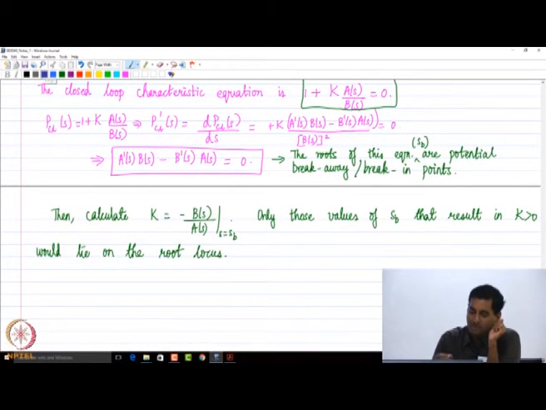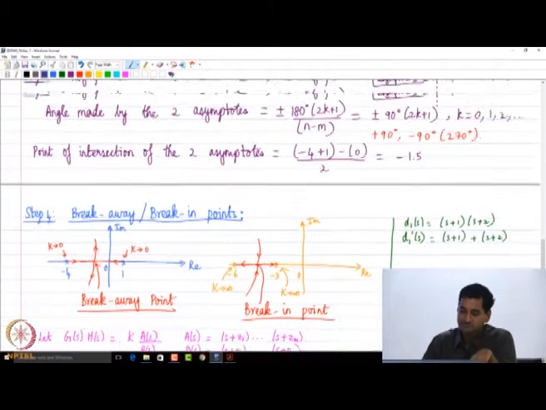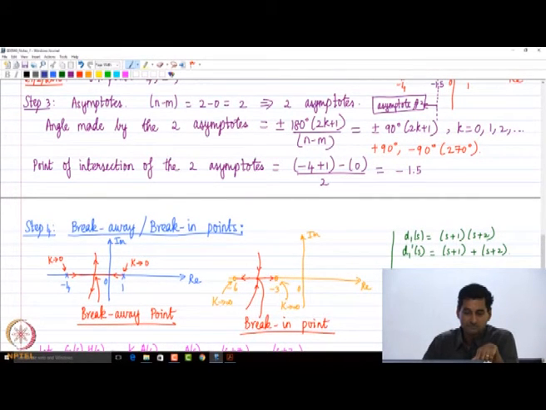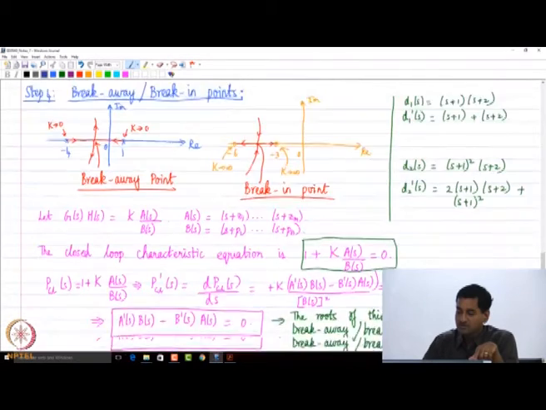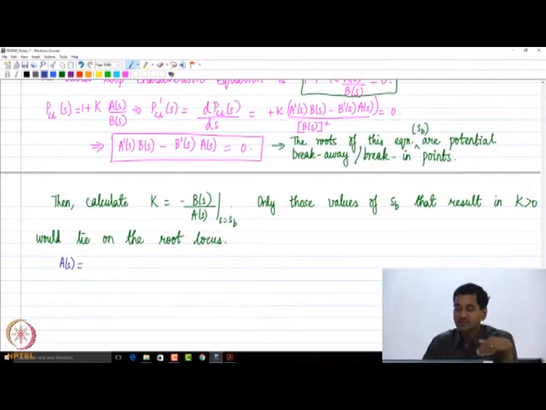In our example, what were the expressions for a(s) and b(s)? The example that we are doing. Because sometimes you can also have negative values of k, which are not allowed. That means those roots do not lie on the root locus for our case, because we are considering only positive k. There can be even other values of k which do not make sense, like complex conjugate k, for example.